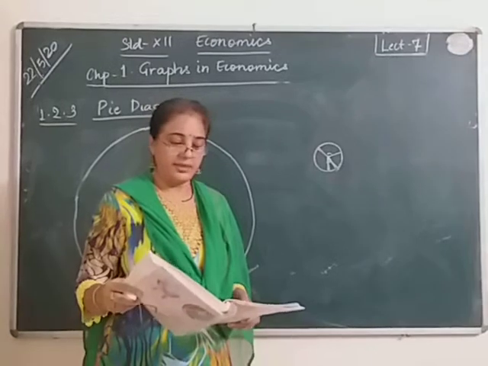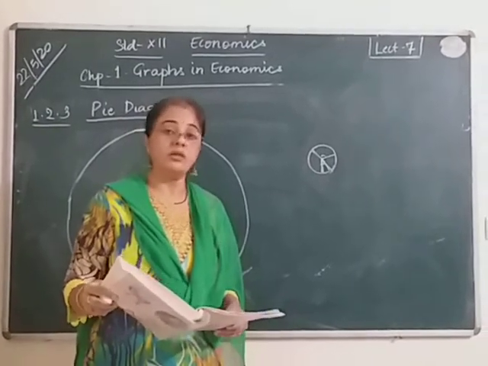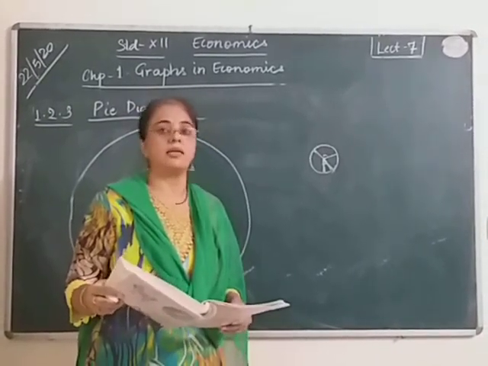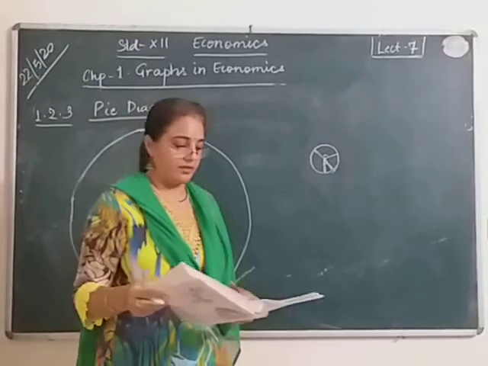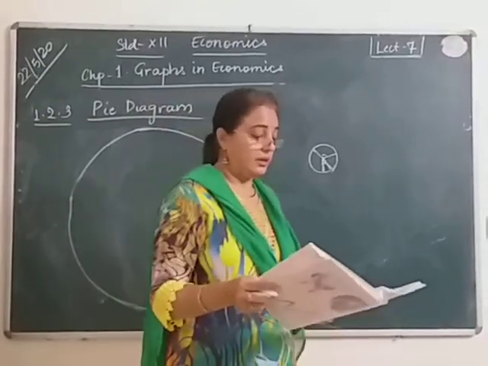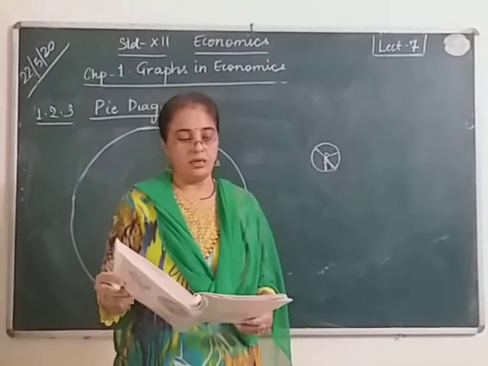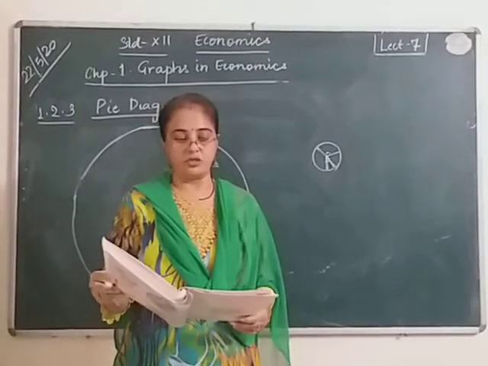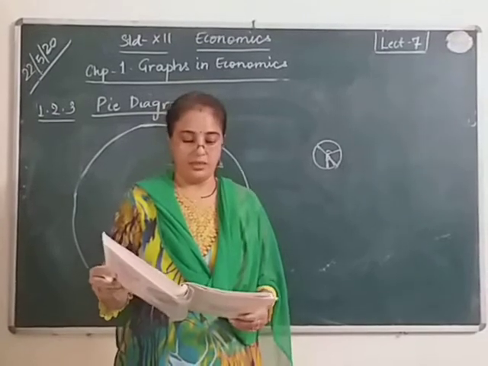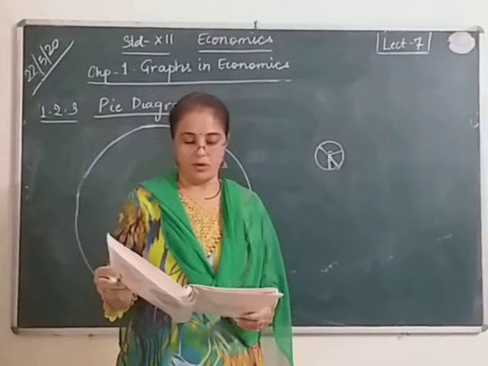Okay. So here the example has been given. First we will do the example and then I will explain and we will read. That will give you a better understanding. Now here on page number 8, table 1.8, percentage of pocket money spent by a student on various items. A student is getting some amount of pocket money.